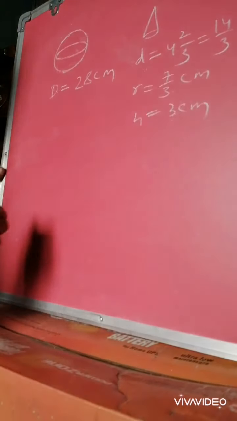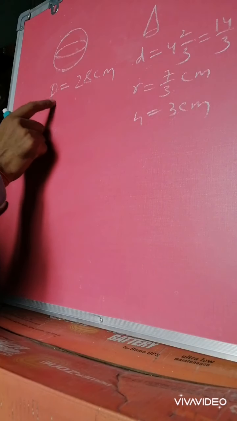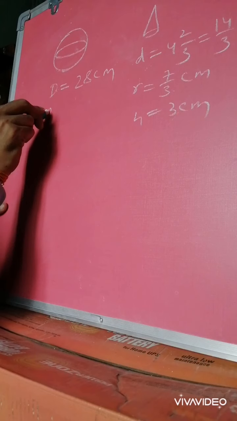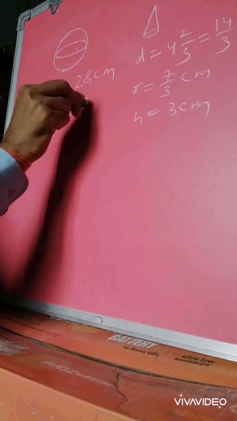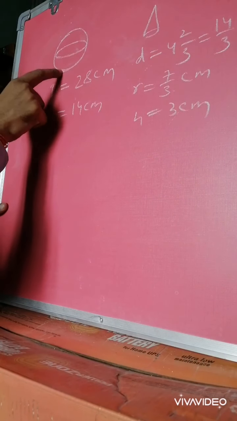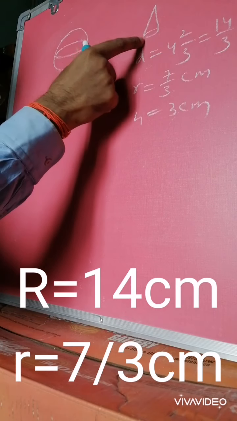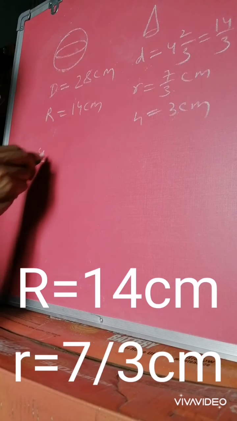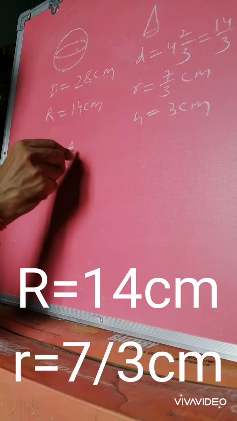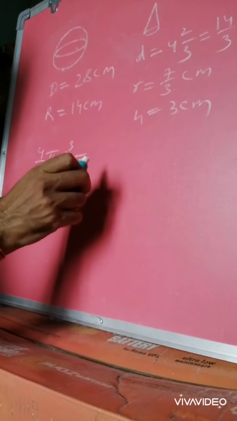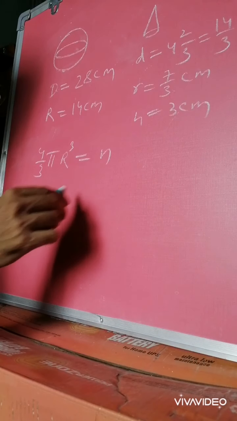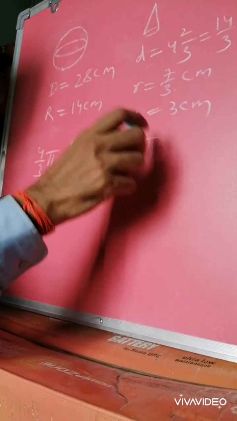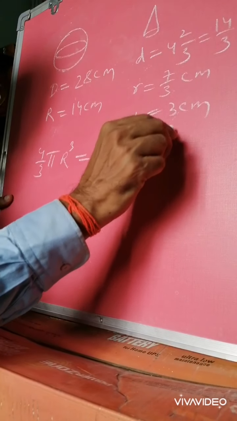Here for the sphere, the radius will be capital R, take 14 cm. This sphere is melted and recast into small cones. So the volume of sphere, that is 4 by 3 pi R cube, is equal to the volume of n number of cones, n into the volume of cone, that is 1 by 3 pi r square h, with small r.